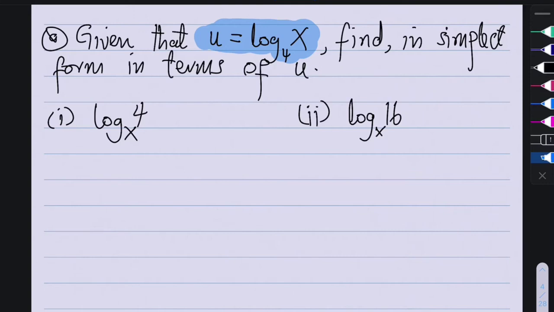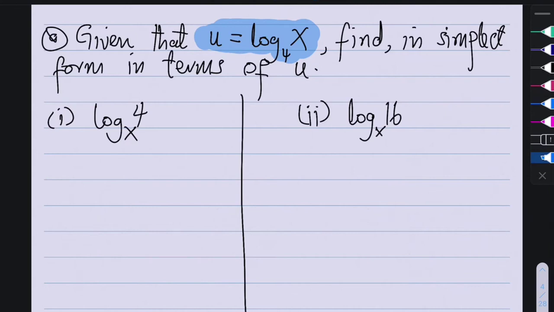Now we have the first case as log 4 base x. So if I have log 4 base x, how do I manipulate this particular thing to look like log x base 4 so that I can put u in my solution, because they said it should be in terms of u? All right, so this is how we go about it.